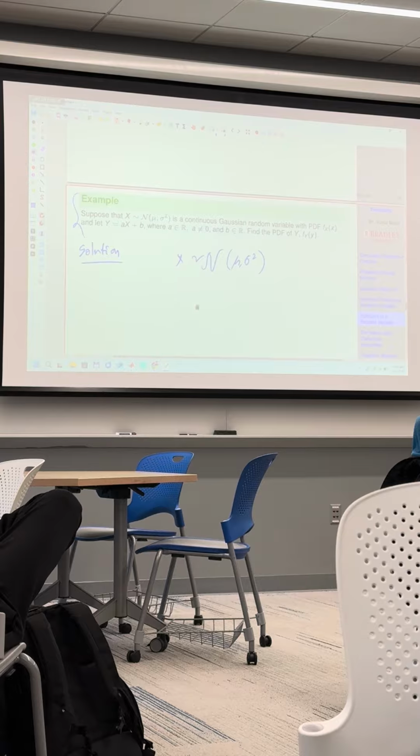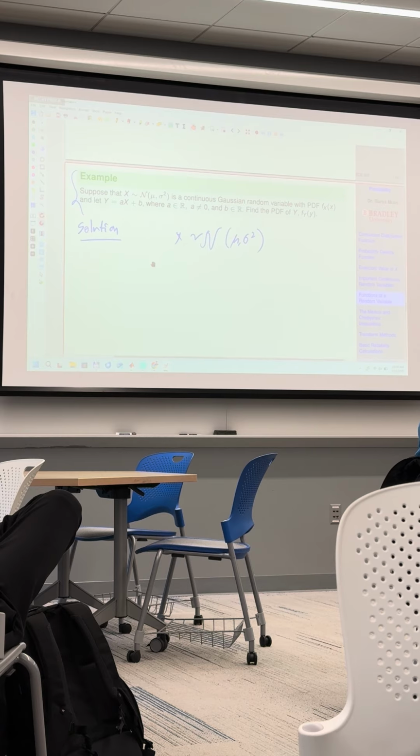It is going to be 5 points for this problem. Because this is a Gaussian random variable, you know what f sub x is, which is 1 over sigma square root of 2 pi, e to the negative half of x minus mu over sigma, squared.